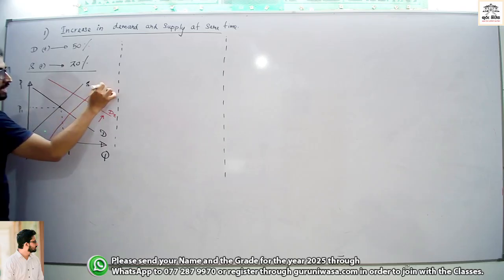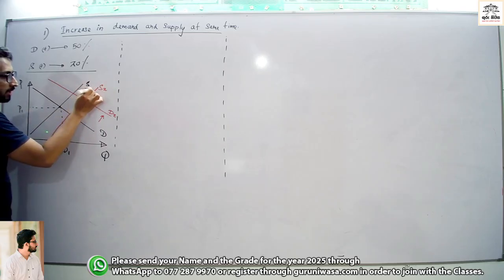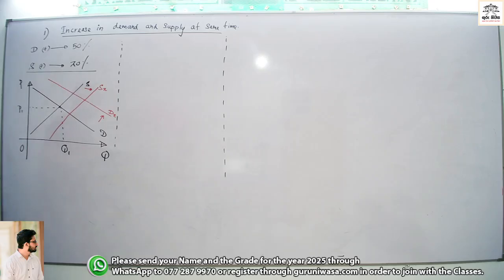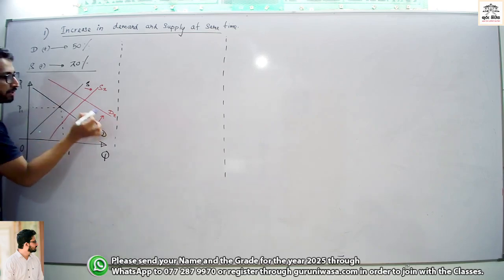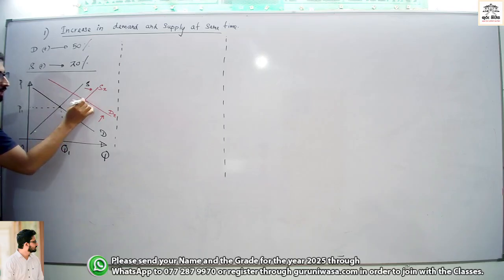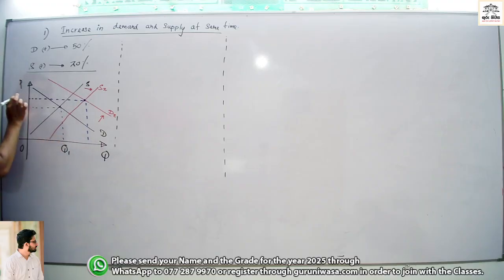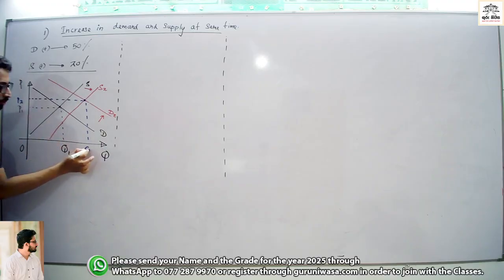Right. This is S2. Now, Lamai, where is the new equilibrium? Look at the new demand curve and new supply curve, the place where they intersect. This is the new demand curve, this is the new supply curve. This is your new equilibrium price and quantity, P2, Q2.